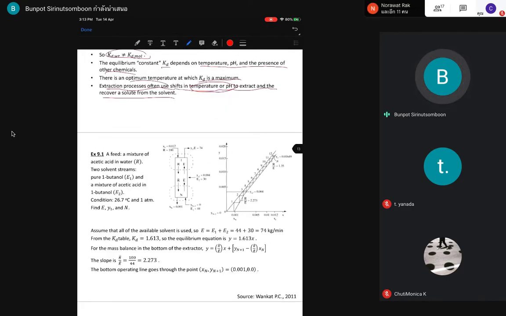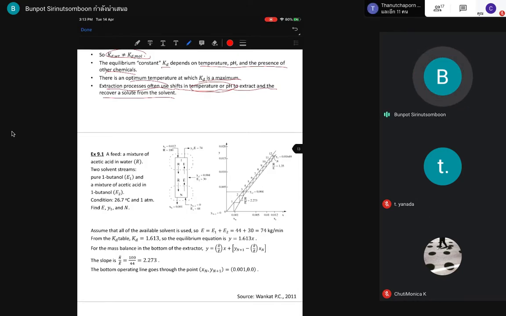Okay, so let's look at an example here. This one is a countercurrent system, and it wants to extract acetic acid from water into butanol.